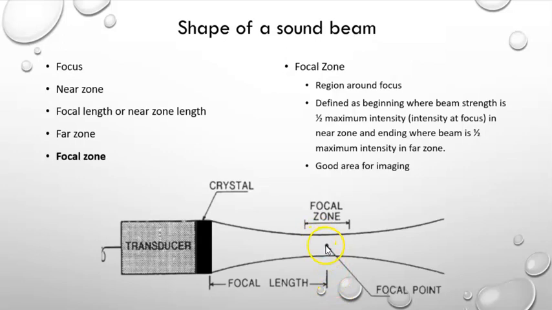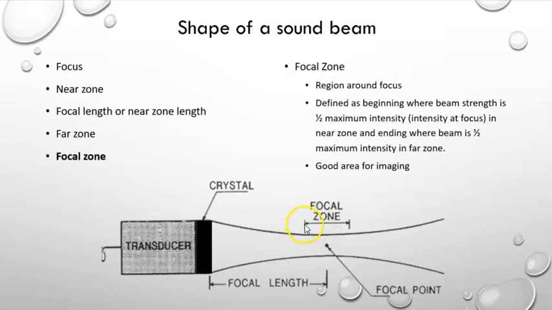Around the focus, there is an area we call the focal zone. The focal zone is defined as the area where the maximum intensity, which occurs at the focal point, well, let's just restate that. At the focal point is where the area is the narrowest, and we will find the maximum intensity of the sound beam.